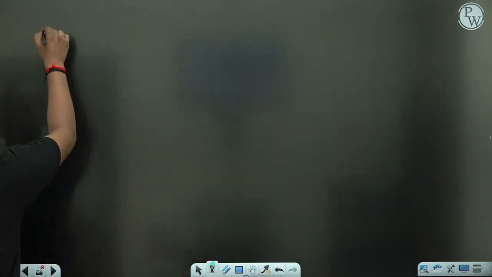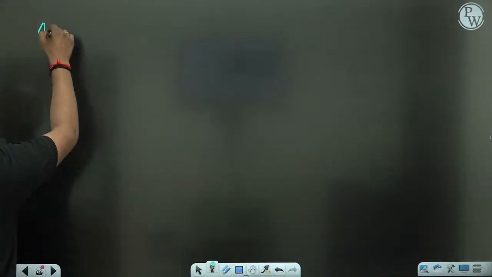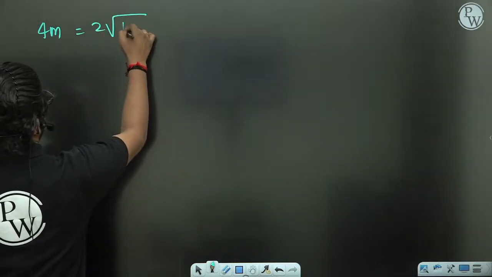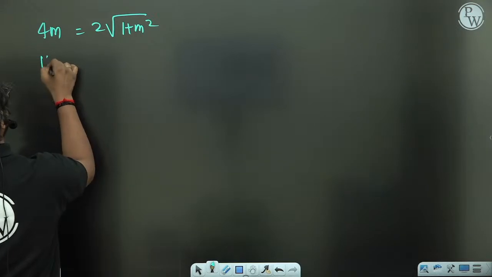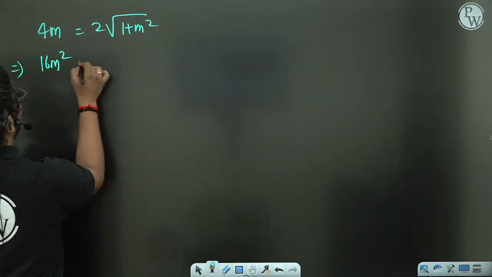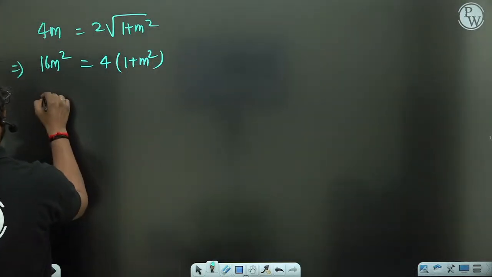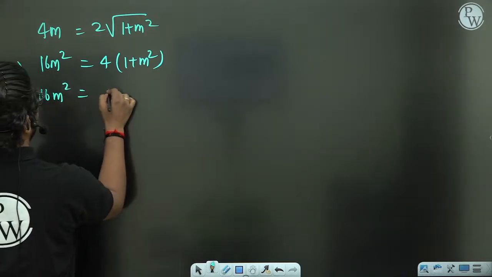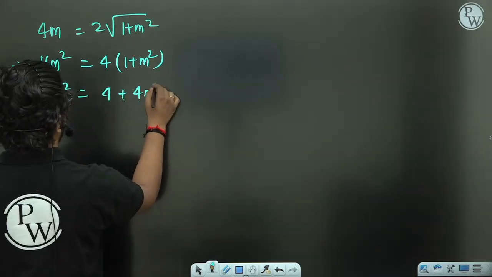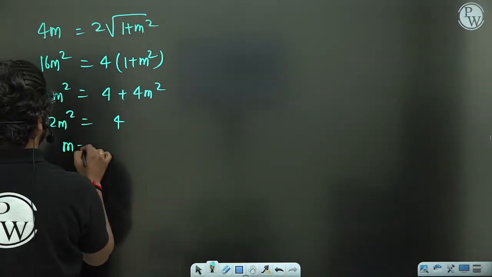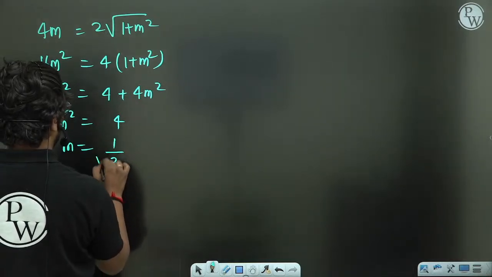You are remaining with 4m equal to 2 root under 1 plus m square. I can write this as 16m square is equal to 1 plus m square. So 16m square is equal to 4 plus 4m square. So 12m square equal to 4. m is equal to 1 by root 3.